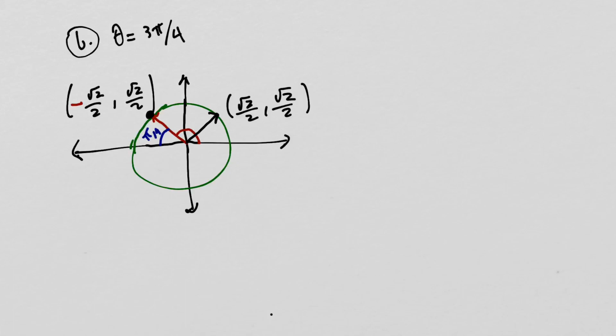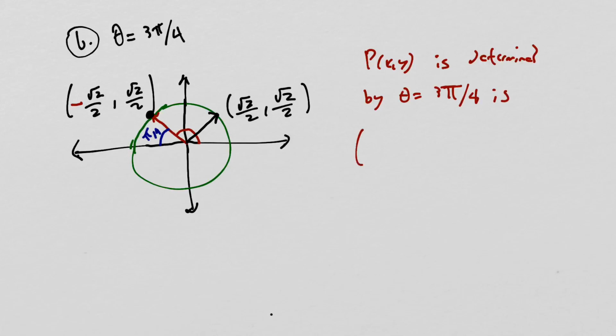And our y value is going to be positive because it's above the x-axis. So the point P of xy, which is determined by theta equal to 3 pi divided by 4, is the negative square root of 2 divided by 2, square root of 2 divided by 2.